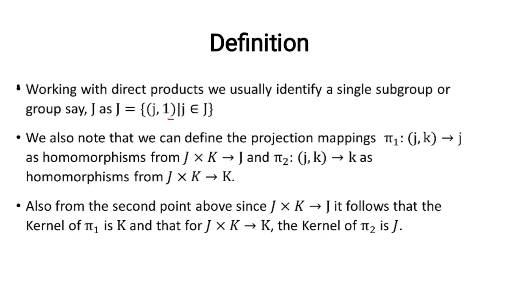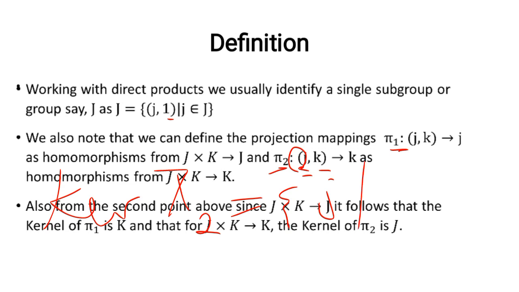So now you know what the kernel of pi 1 is. What then is the kernel of pi 2? Let's look at it carefully. So jk is mapped to k, meaning that j is mapped to what? J is mapped to 1. So the kernel of pi 2 is going to be all the elements j such that j pi 2 is mapped to 1.